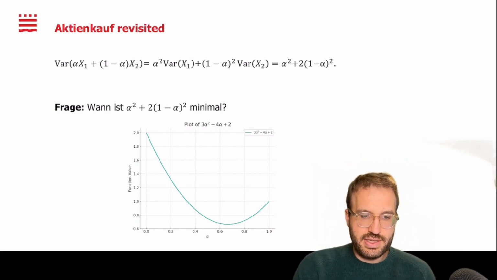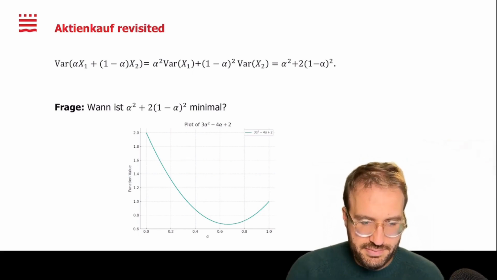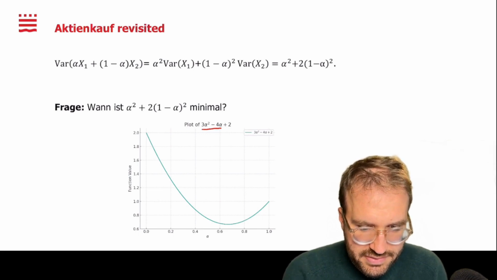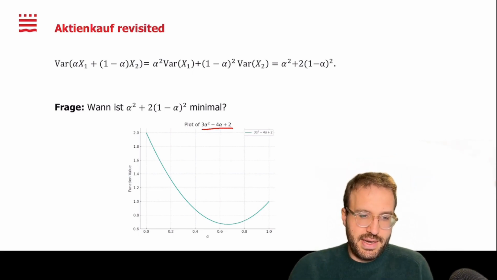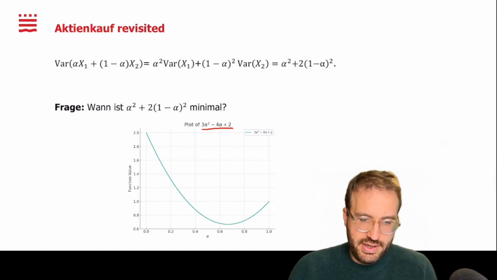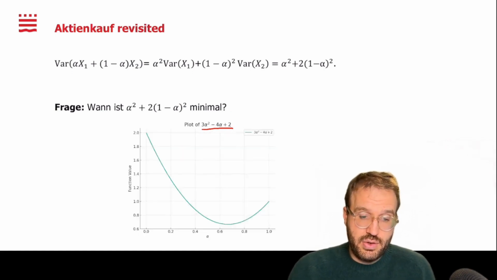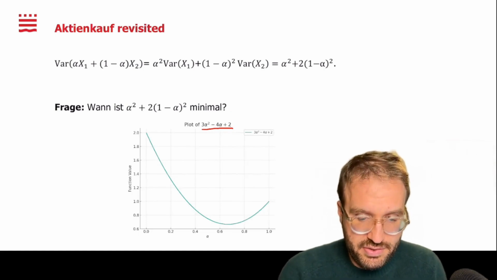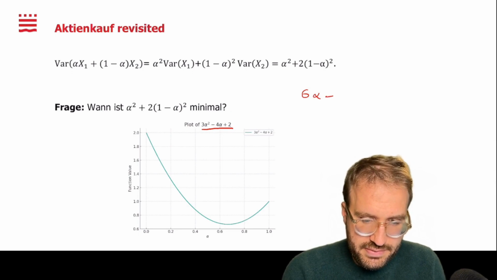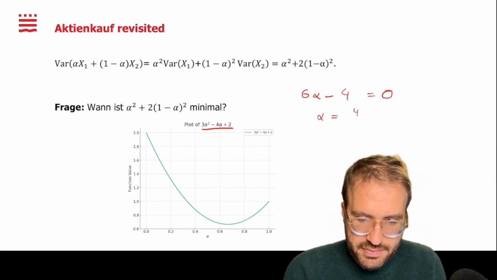And we can do that. We have also expanded it again. This is 3 alpha squared minus 4 alpha plus 2. And perhaps you remember how to find the vertex again. One way would be to determine the derivative of the whole thing, which is 6 alpha minus 4. Set it equal to 0, and then find out that alpha equals 4/6, or 2/3.